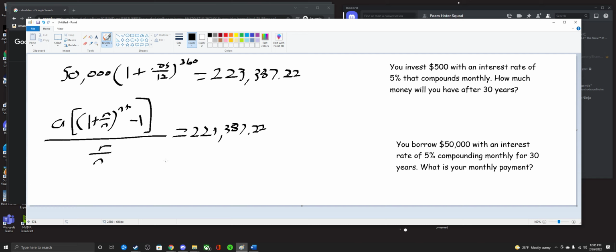It'll be A times 1 plus 0.05 over 12, to the power of nt, which is 360, minus 1, over 0.05 over 12.